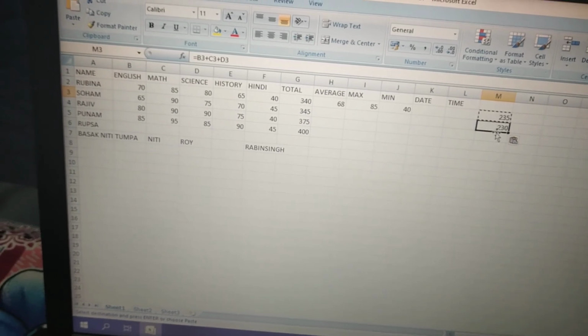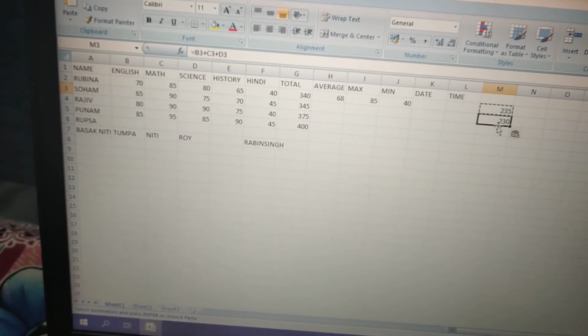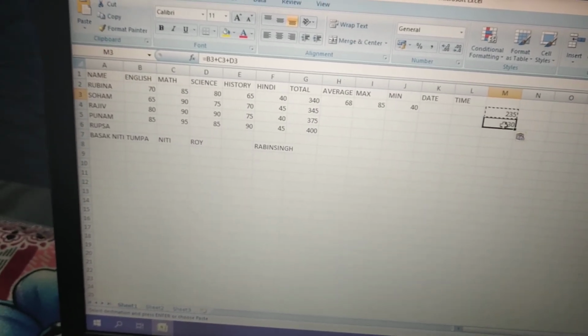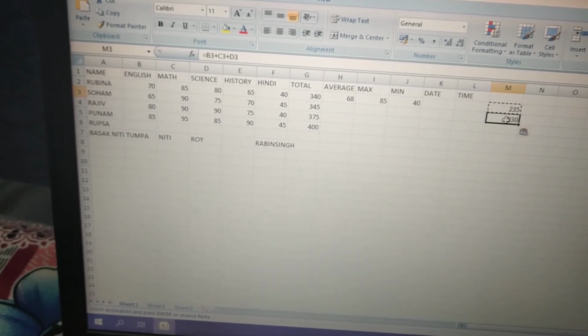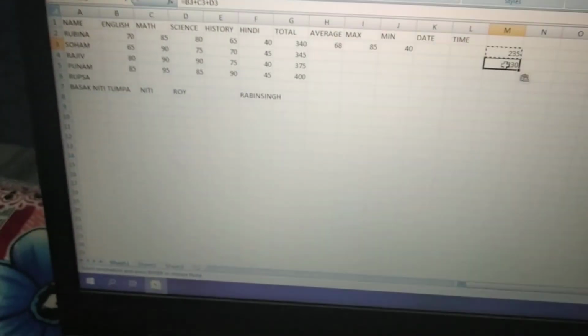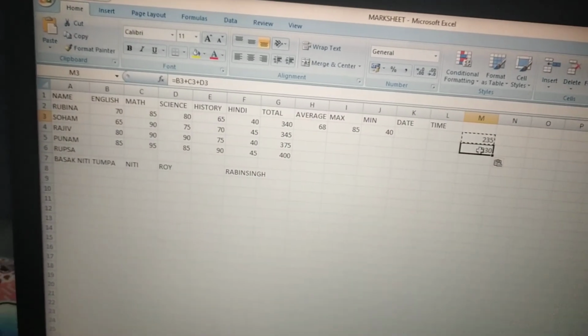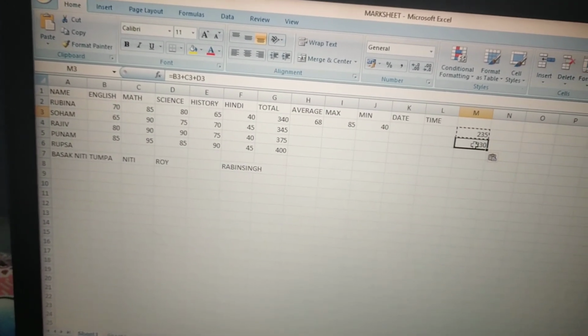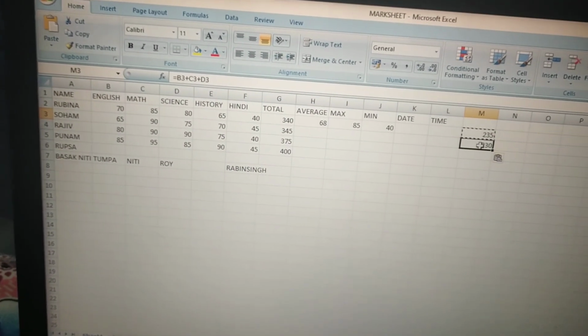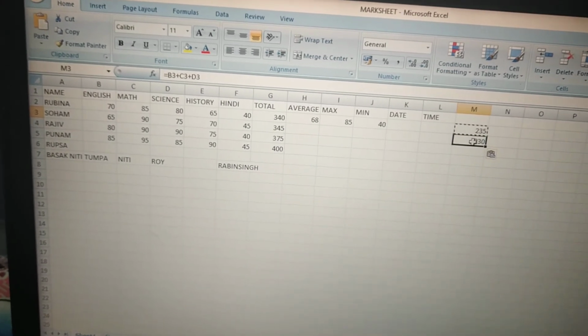So I copied B2, C2, D2, but when I paste in this second row, it pasted B3, C3, D3. This is known as temporary cell reference or relative cell reference.